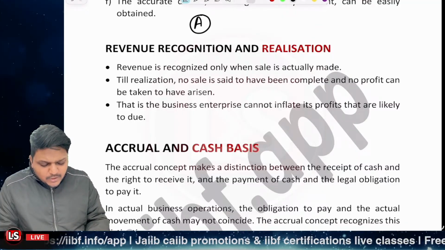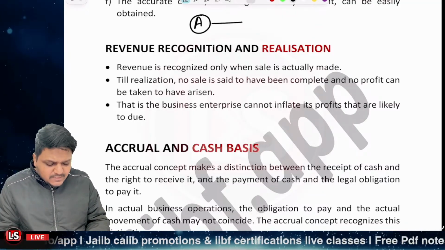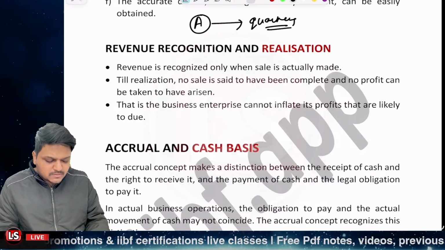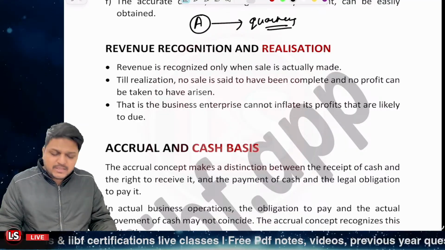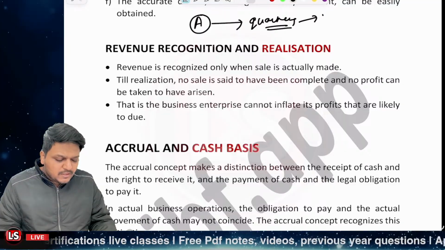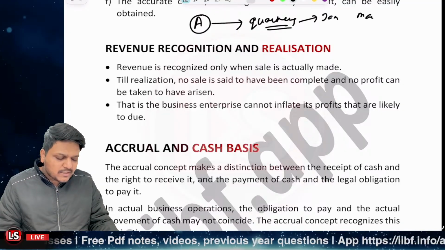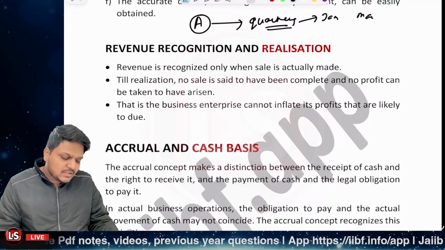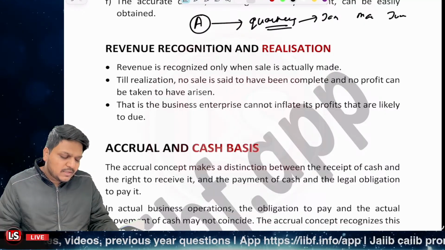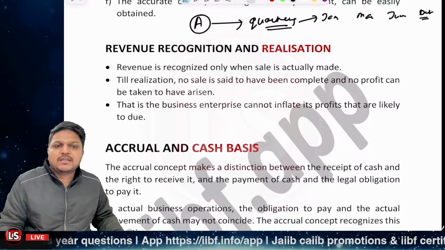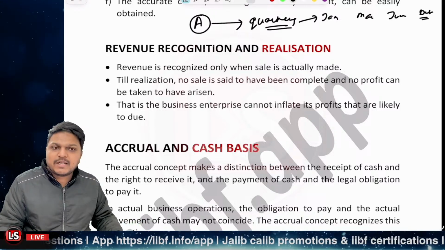Person A has taken a loan from the bank and he is paying quarterly installments. The installments get due in the months of January, March, June and, let's say, October, right? In these months, installments get due.